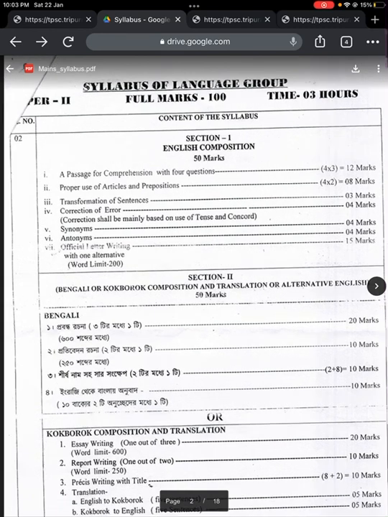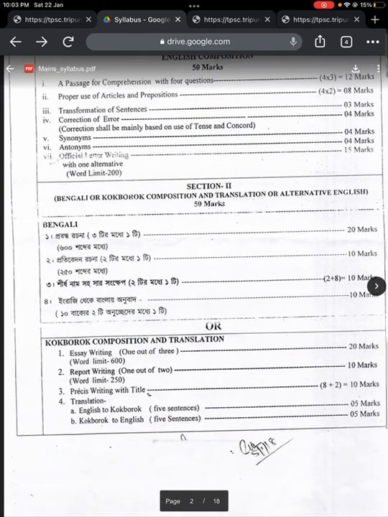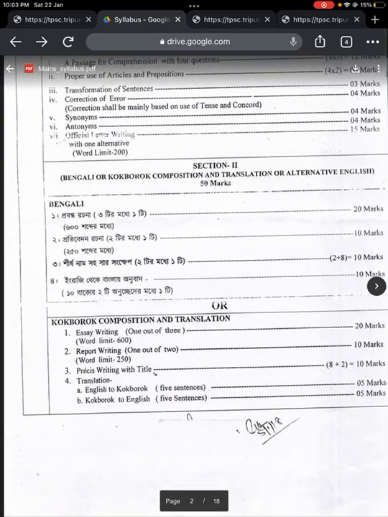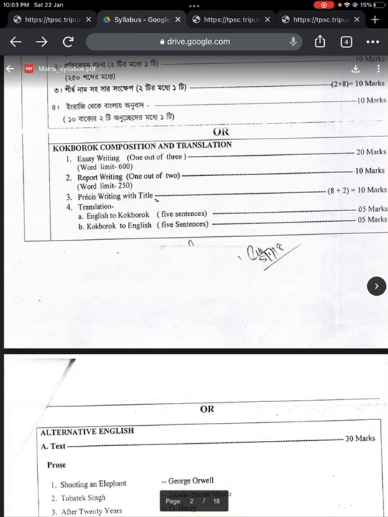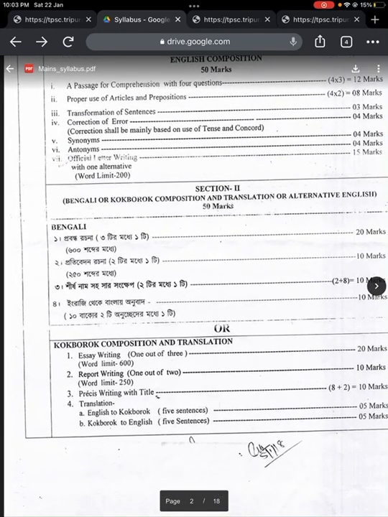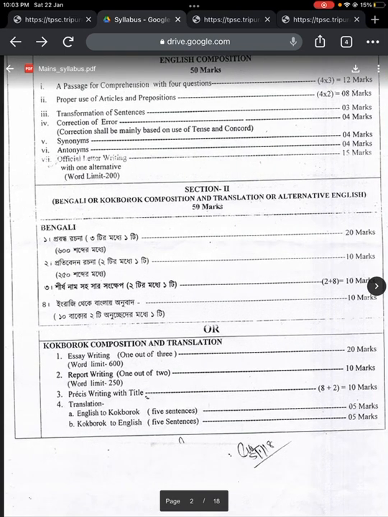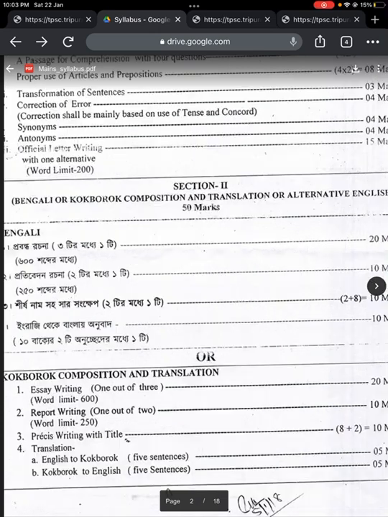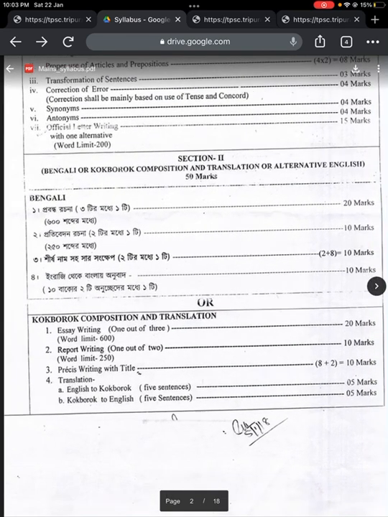So this is for 50 marks, and then you have to choose between these three, that is Bengali, Kokborak and alternative English. In my case it was Bengali, and you have to choose it during the time of form fill up. So this is also for 50 marks.